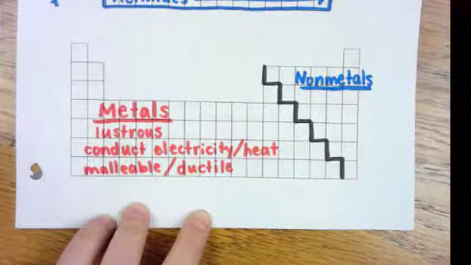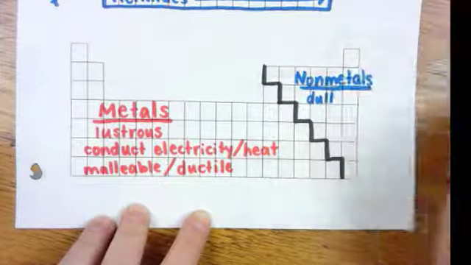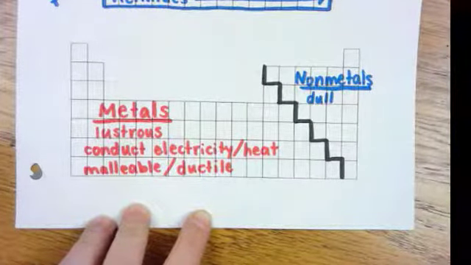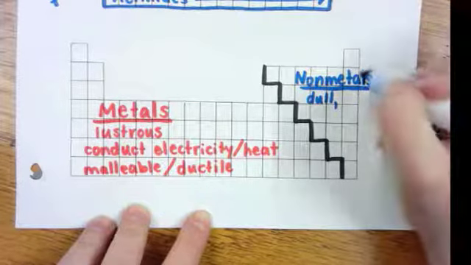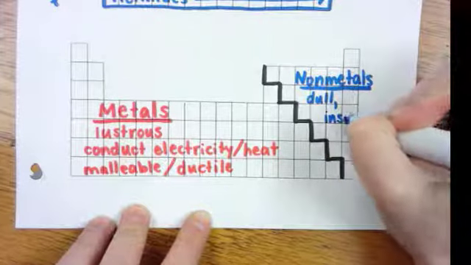We'll also put some of their properties here. The opposite of lustrous is dull. They don't conduct, so rather than being conductors, they are insulators.